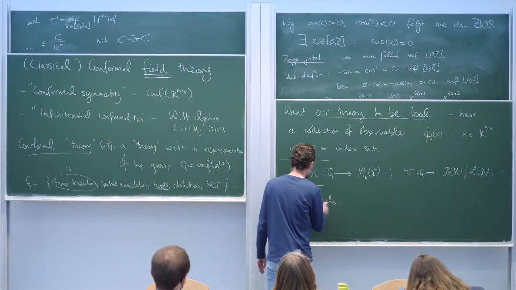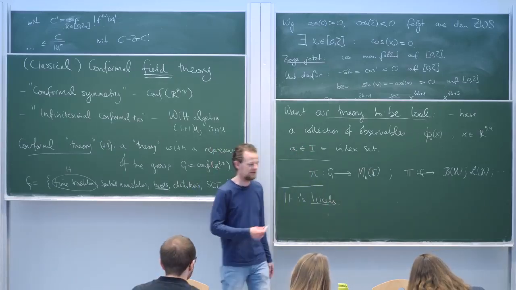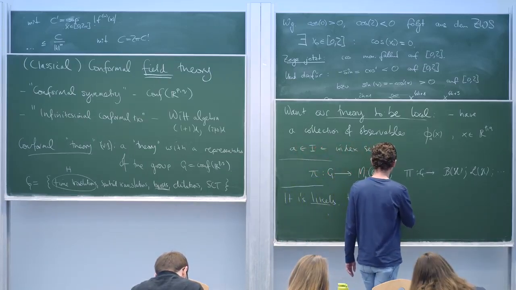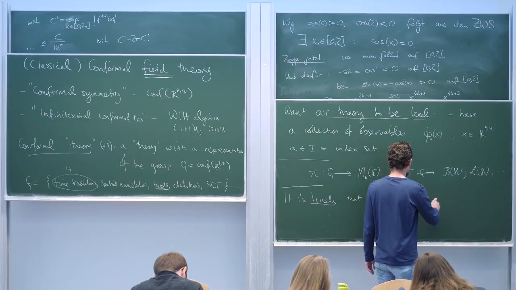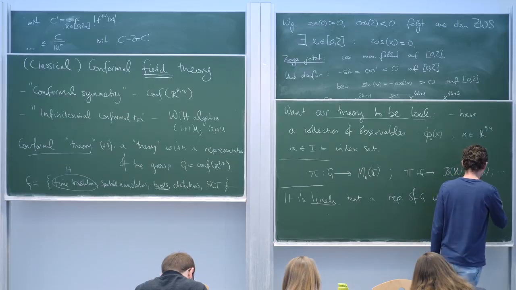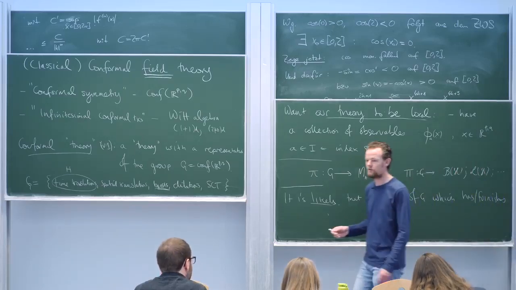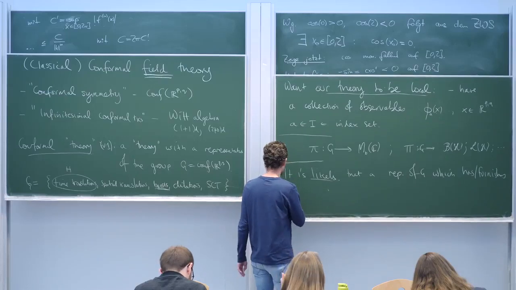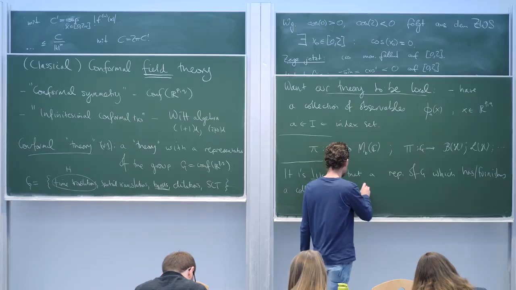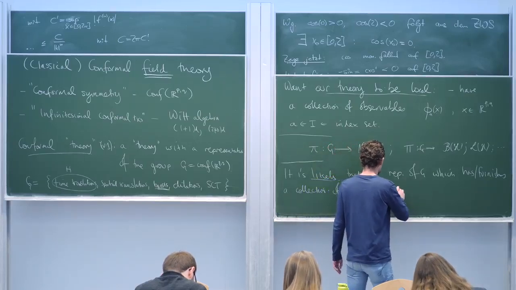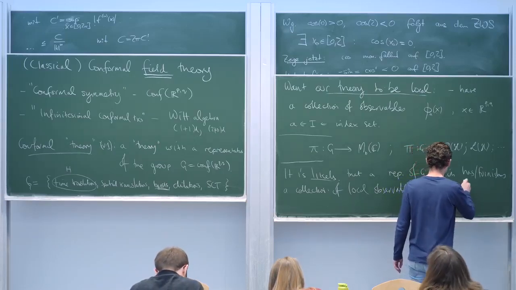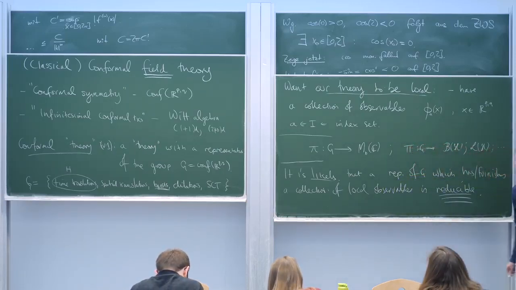I'm not going to prove this, but it's likely that a representation of G which furnishes a collection of local observables is reducible.